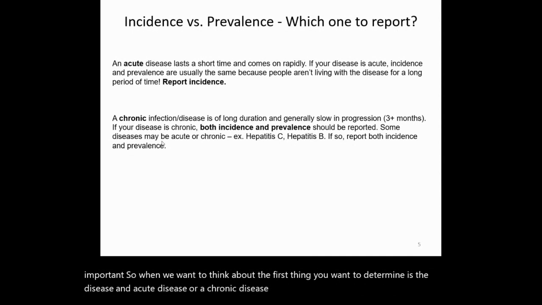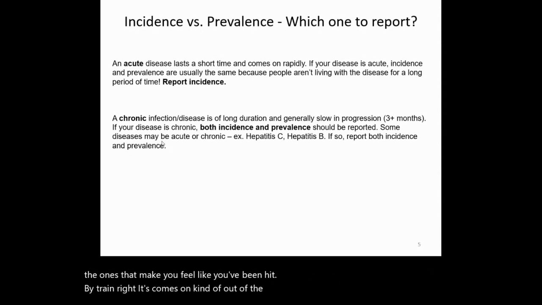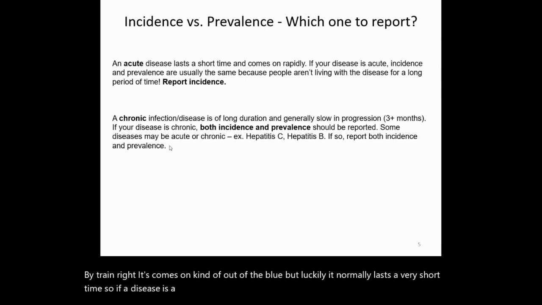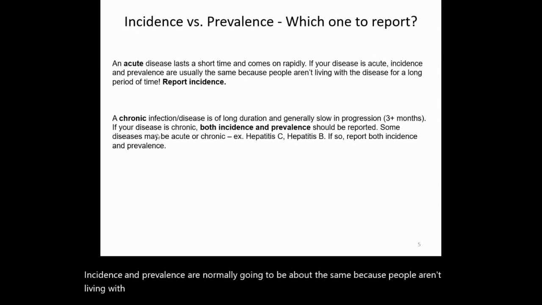Because remember, the acute diseases are the ones that make you feel like you've been hit by a train, right? It comes on kind of out of the blue, but luckily it normally lasts a very short time. So if a disease is acute, then incidence and prevalence are normally going to be about the same because people aren't living with that disease for an extended period of time. So really you only need to worry about reporting incidence, those new cases.